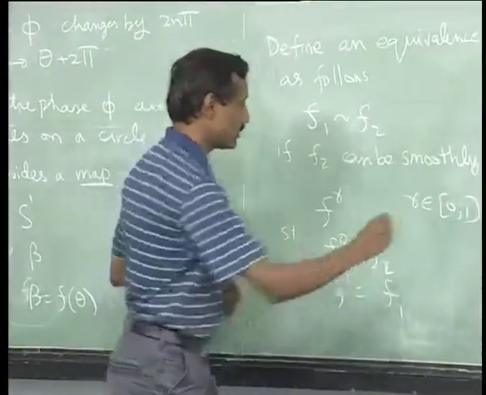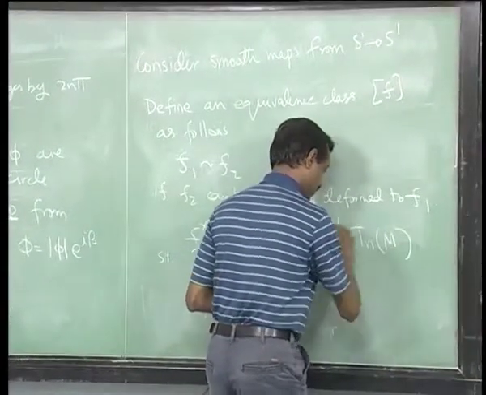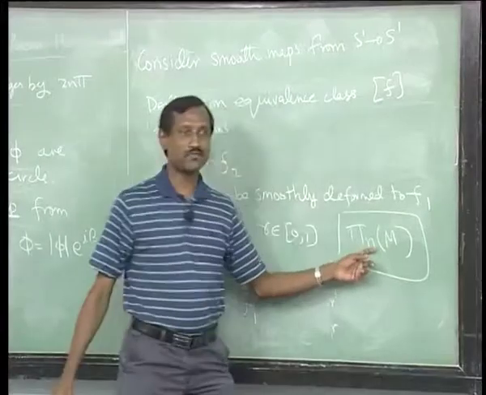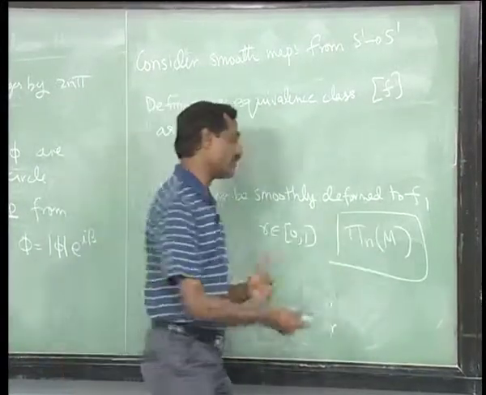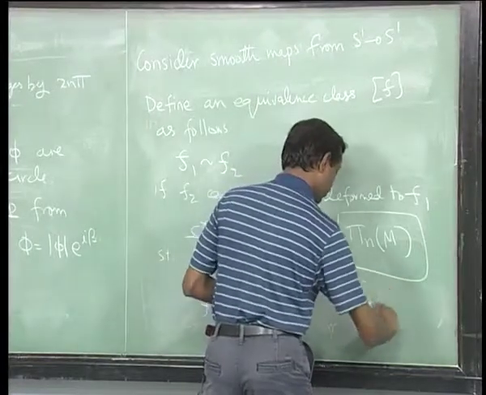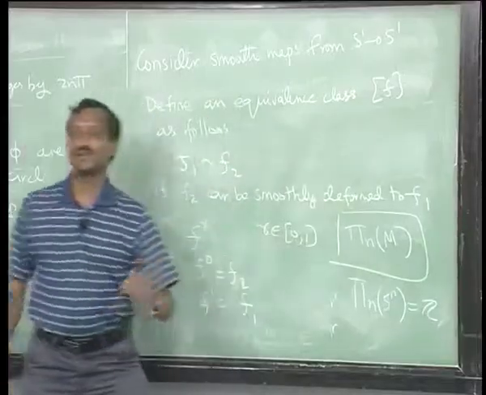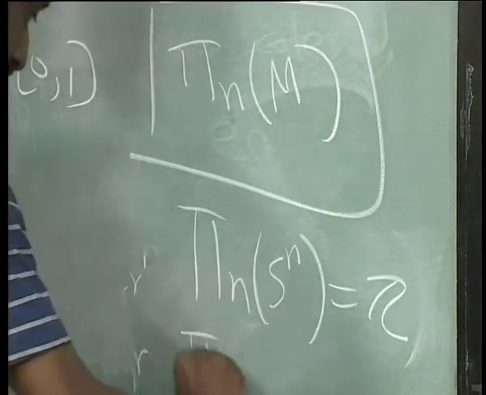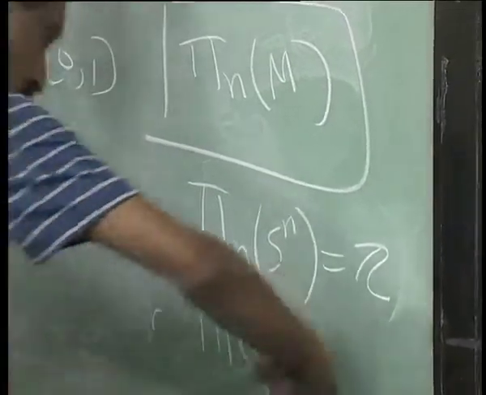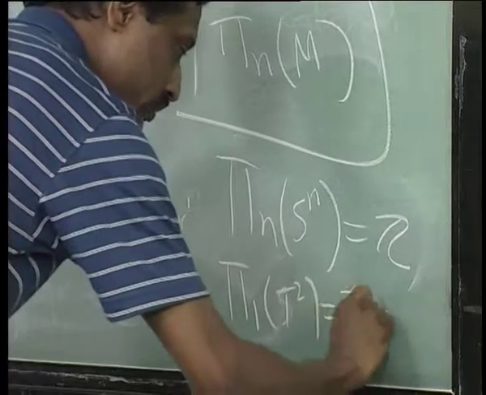But in general you study pi n of M. These are maps from Sn to M. There is always one easy thing to remember, pi n of Sn is always Z, some kind of winding number. Pi 1 of the torus is 2 Z's.